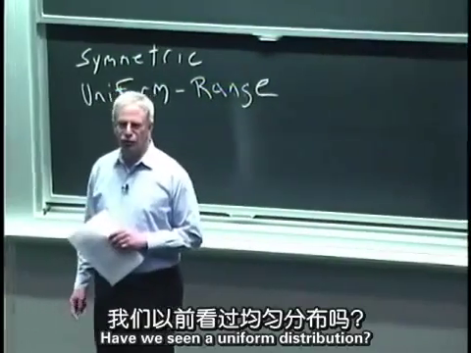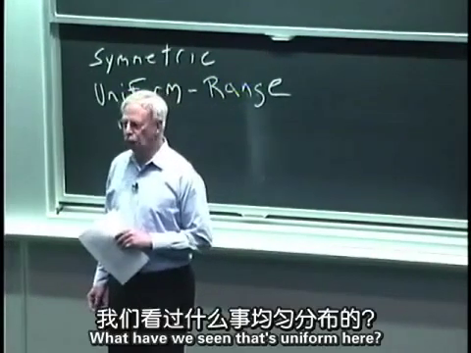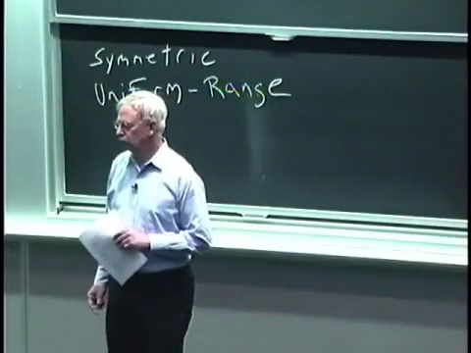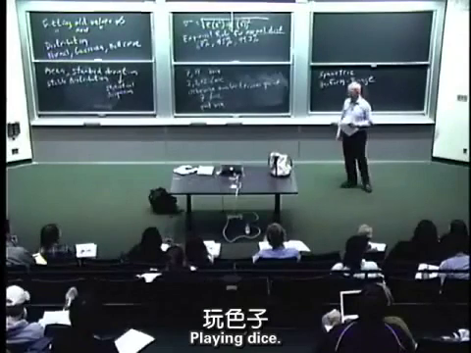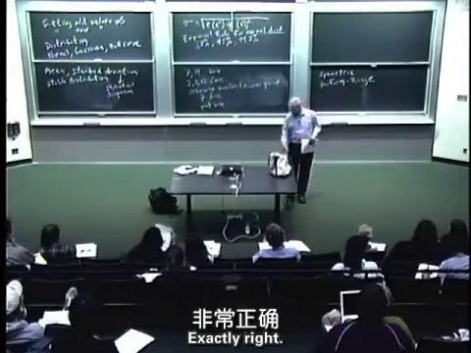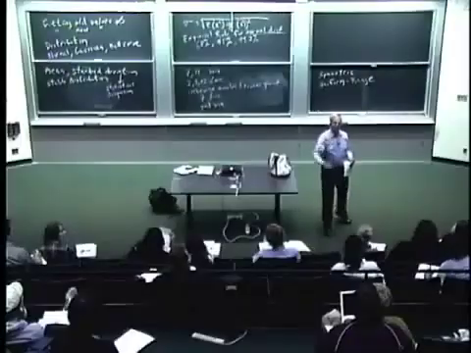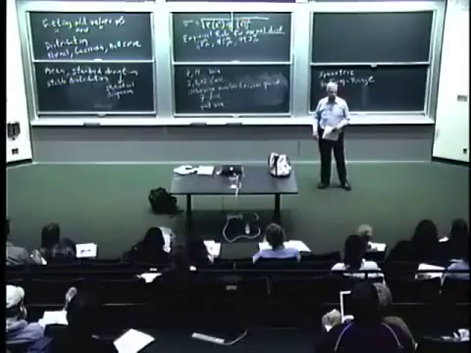Have we seen a uniform distribution? What have we seen that's uniform here? Pardon? Playing dice. Exactly right. Each roll of the die was equally likely between 1 and 6.